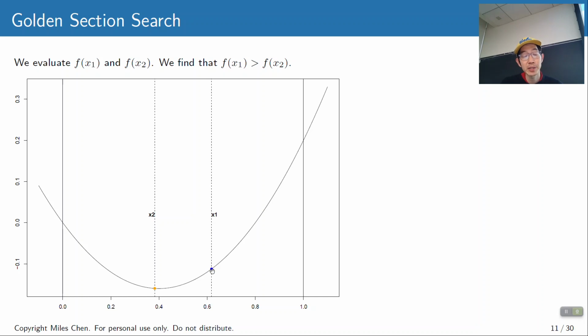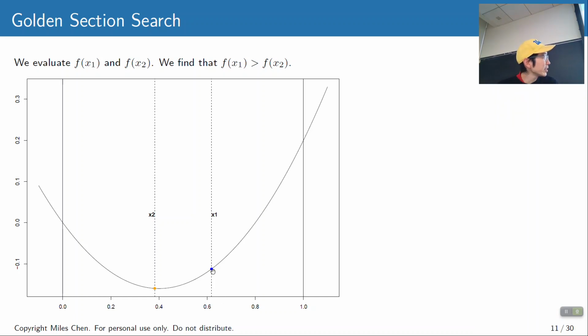So these are my values, x1 and x2, and then I calculate the value of the function at x1 and I calculate the value of the function at x2. And I see that the function at x1 is higher than the function at x2. Maybe it makes it a little bit too easy to see.